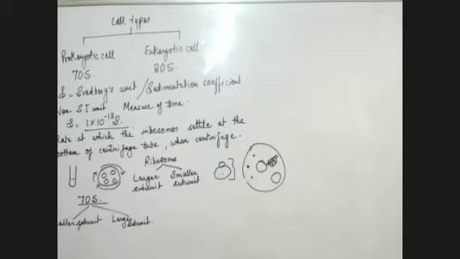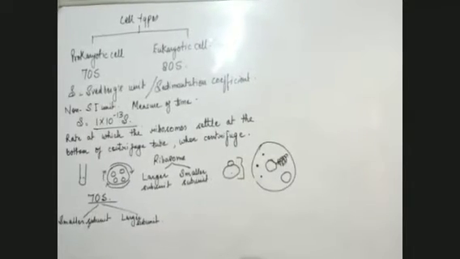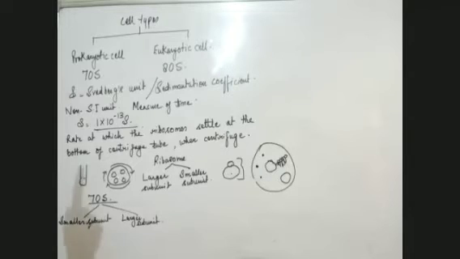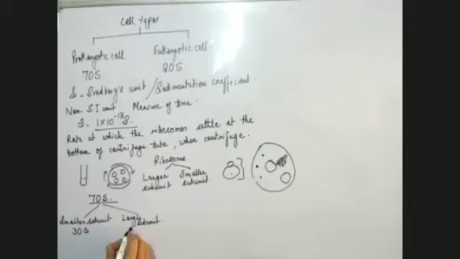Now, when I say the sedimentation rate of the ribosome in prokaryotic cell is 70S, the S of the smaller subunit and the larger subunit will be different. In 70S, the smaller subunit is 30S, and the larger subunit is 50S.